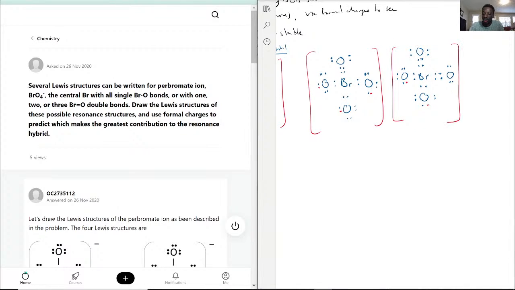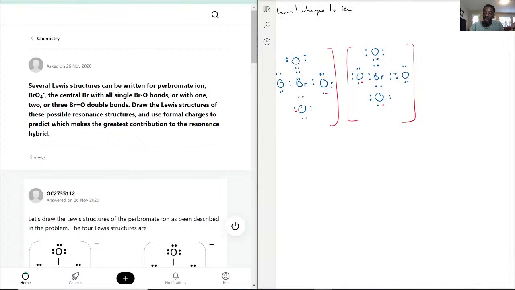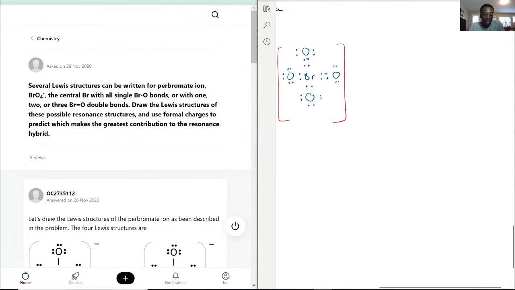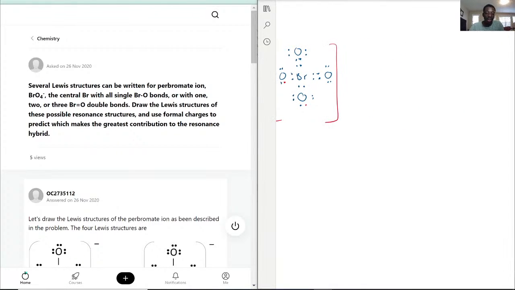Okay. And now for the 4th iteration, we have 3 bromine double bonds. So it's going to be bromine, double bond here, double bond here, double bond here, and 1 non-double bond oxygen.